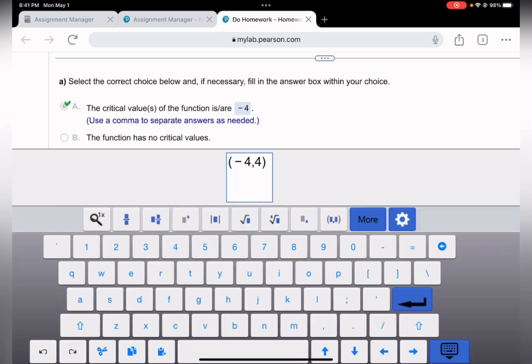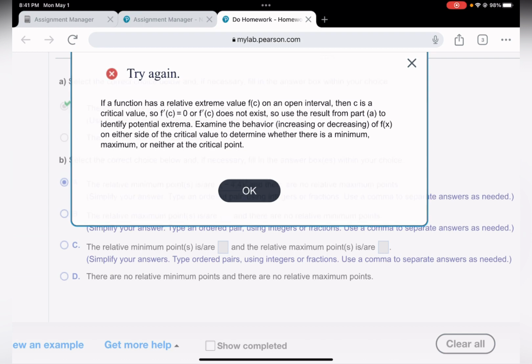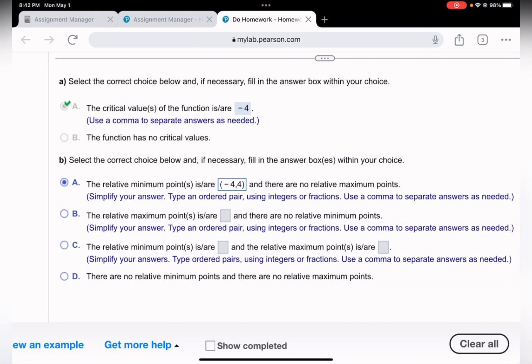Could it be? No. Well, okay. I'm going to get the final answer. I'm curious. All right.